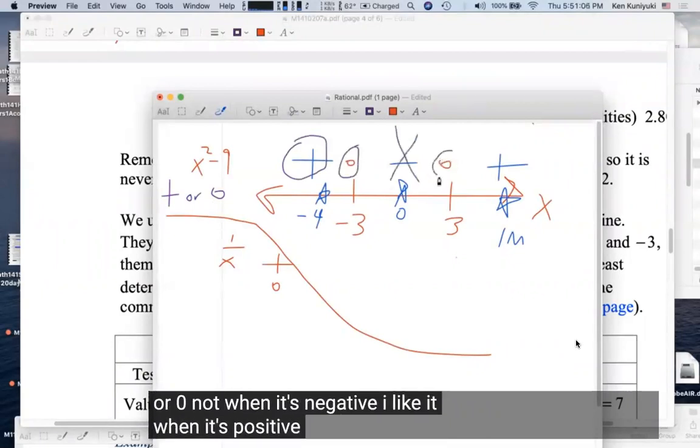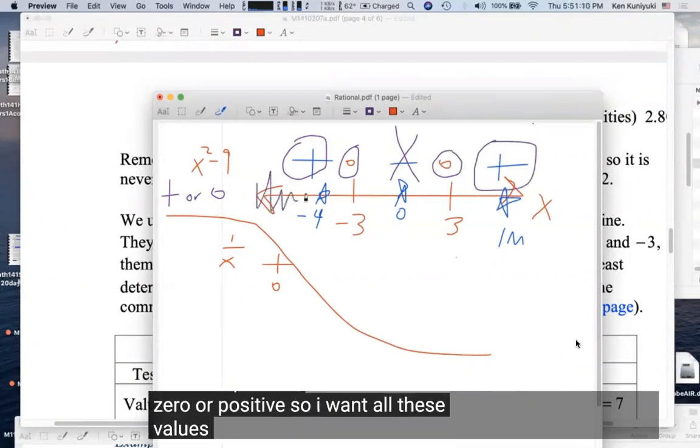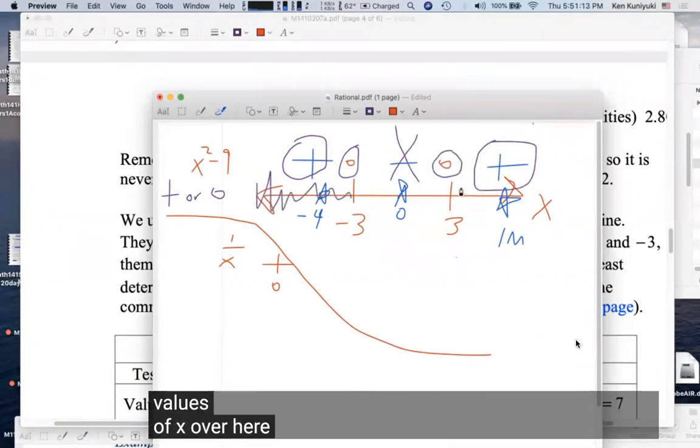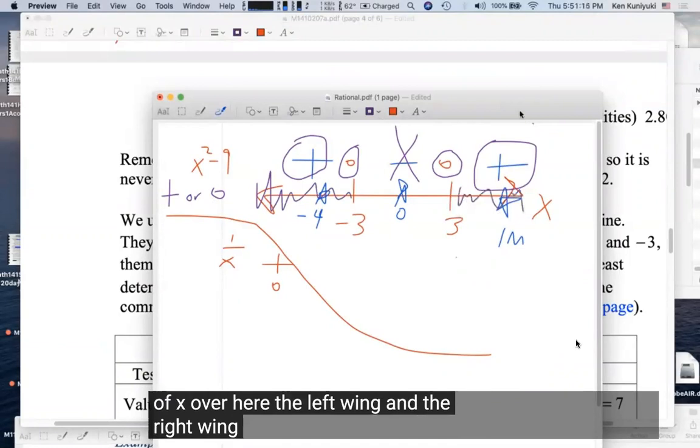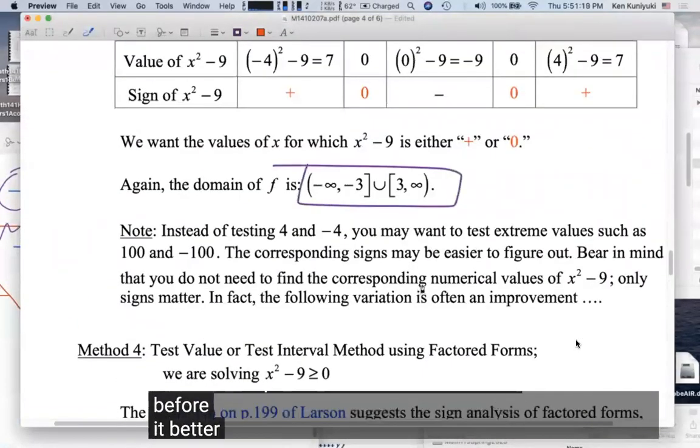So I want all these values of x over here, the left wing and the right wing, which corresponds to the same answer as before. It better.